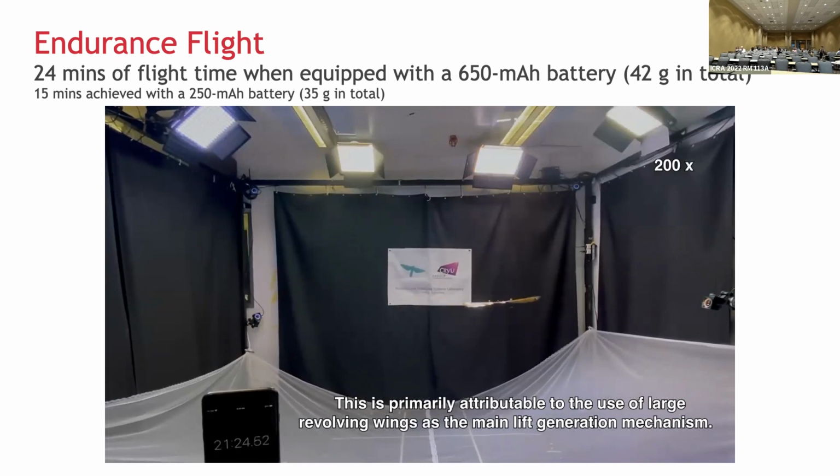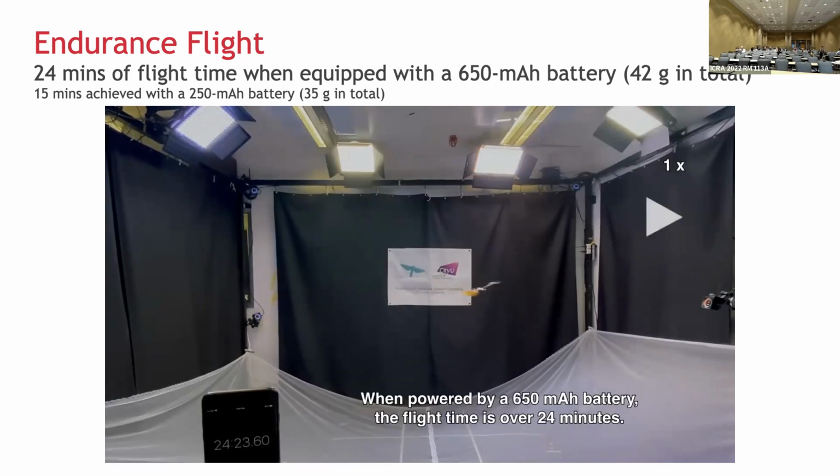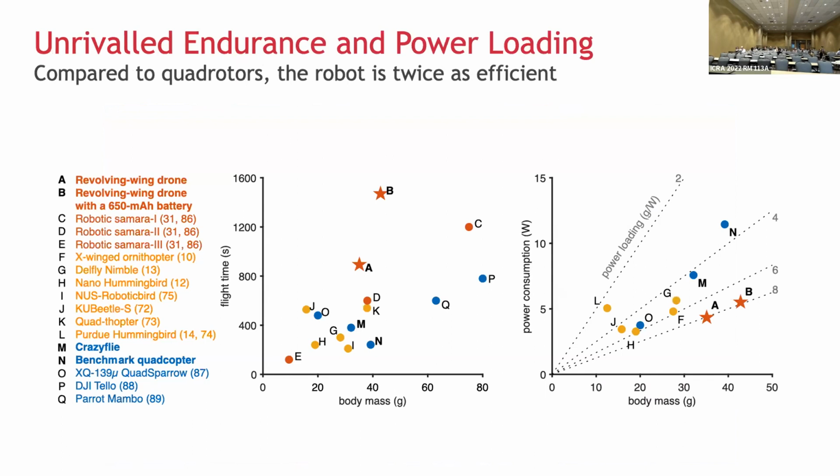Right? Now, with the ability to fly, I can come back to look at the flight time of small robots that we collected. You can see here the stars A and B, the flight times are roughly twice those of other robots, and in terms of power loading or power consumption, it is also about a half of other robots.